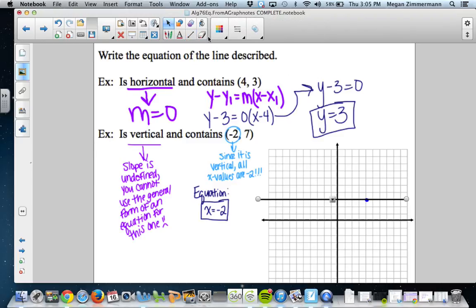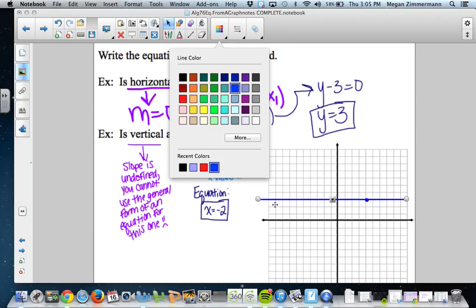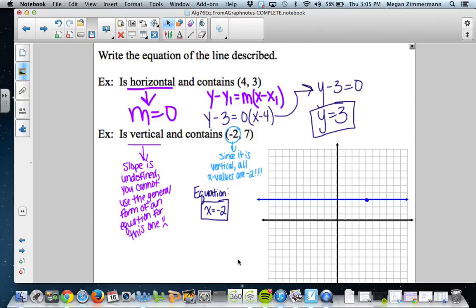And what do you notice about all of the y values? All of the y values on this line are 3. So look at the equation, y equals 3. It doesn't matter wherever you put the x, the y value will be 3 for this horizontal line.